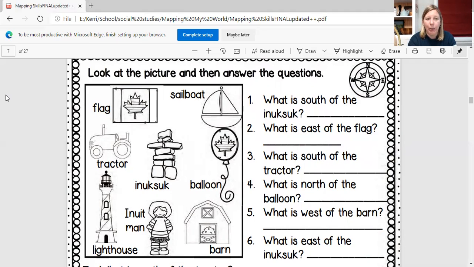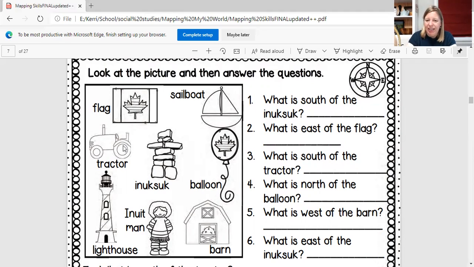There isn't anything west of the flag, so it must be the sailboat. Number 3 says, what is south of the tractor? Here's the tractor. And what is south of the tractor? You're right, it's the lighthouse.